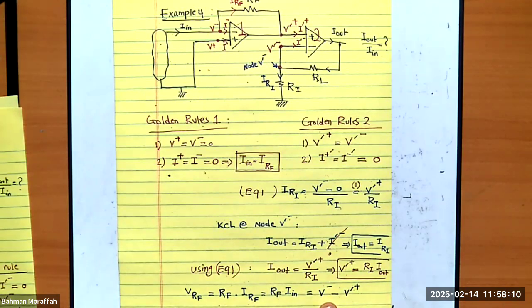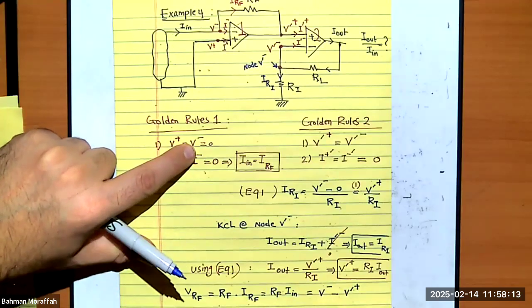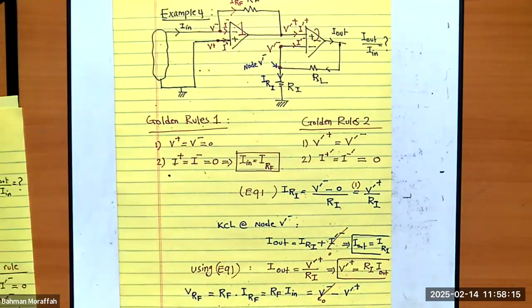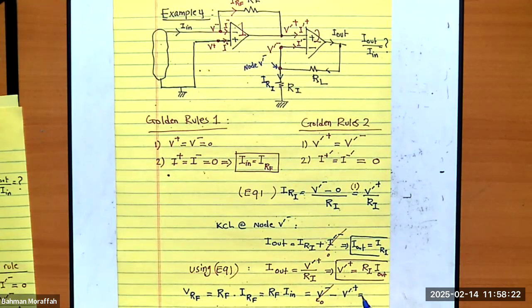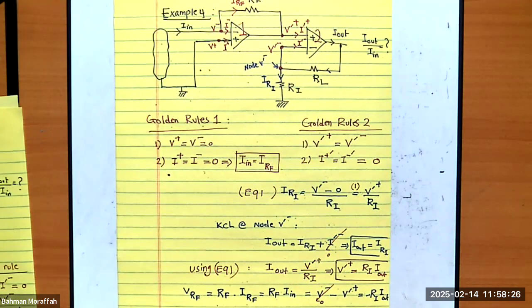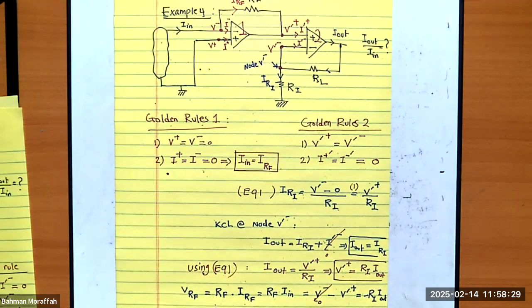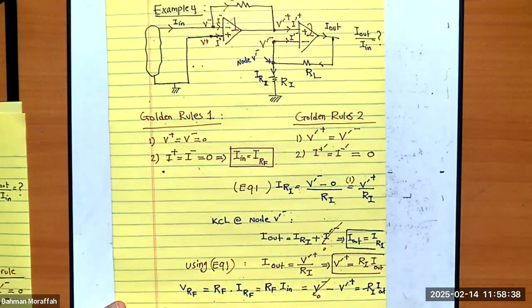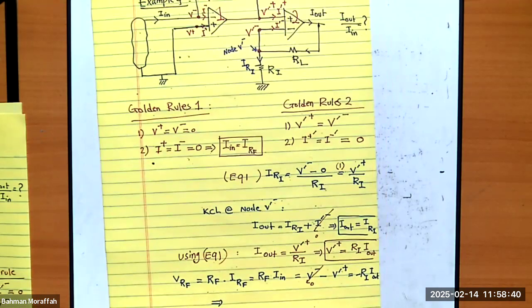But what was V negative? That's 0. What was V prime positive? We just computed it. That is, therefore, negative Ri times I out. Look what I have. RF times I input equals negative Ri times I output. Therefore, I can compute, let me just write it down.